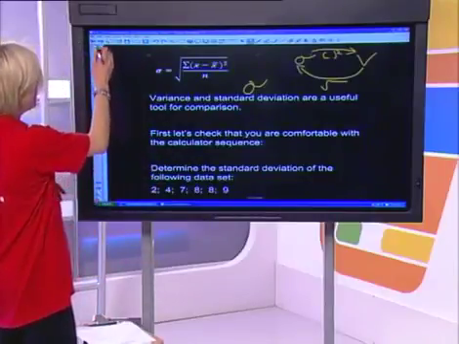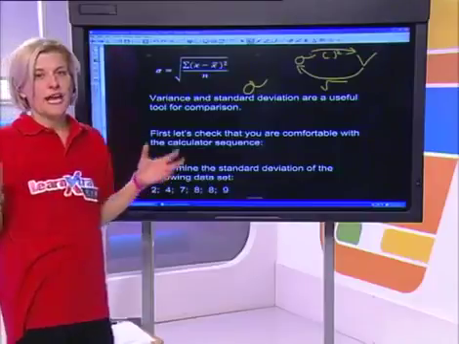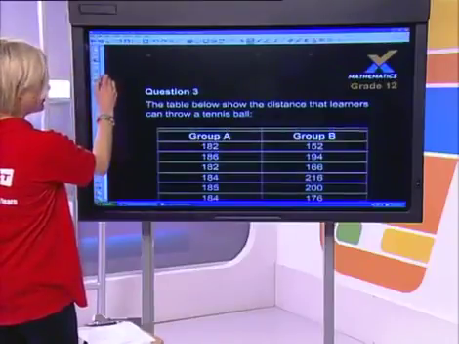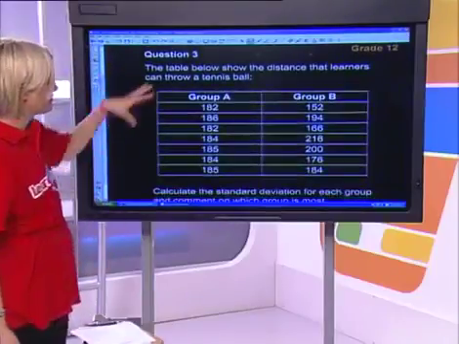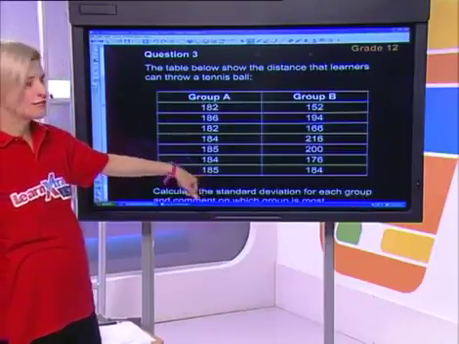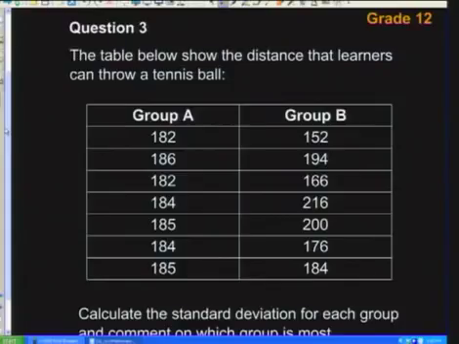And you guys will see in our last question, and we probably won't have time to get to it, that's why I'm talking to it now, we've got 2 groups of students. Group A, and I've recorded how far these guys can throw a tennis ball. And then group B, I've recorded how far they can throw a tennis ball.